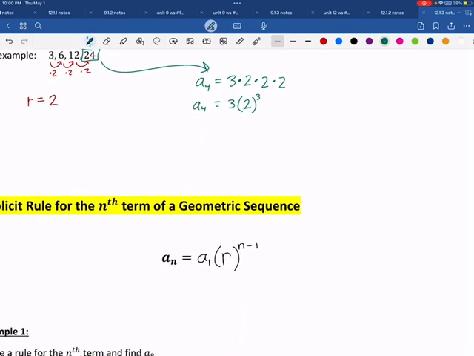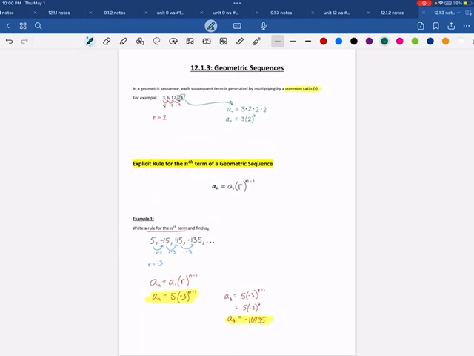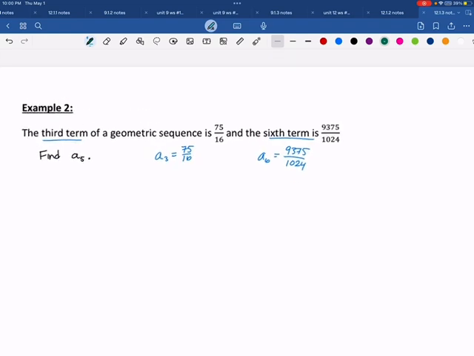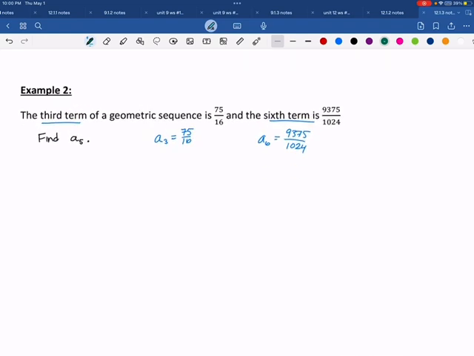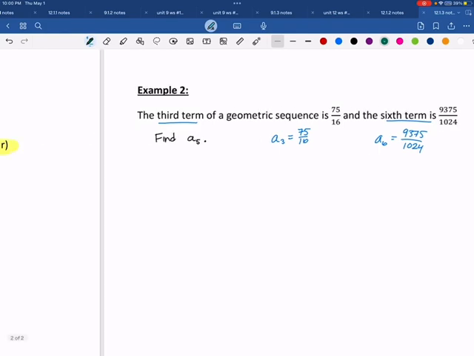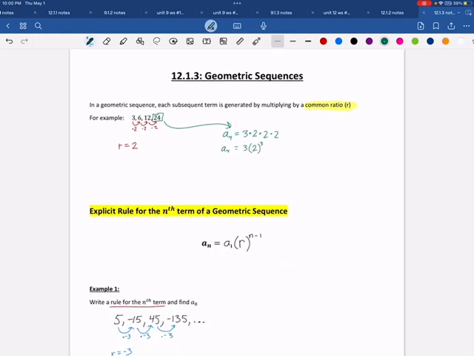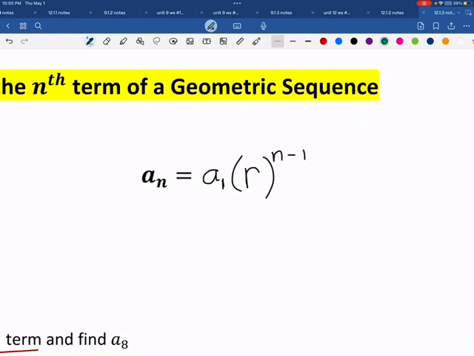Another way is if I knew what R was, then I could backtrack from A6, or fast forward from A3. But either way, even if I use my formula, I'm going to need A1, and I'm going to need R.